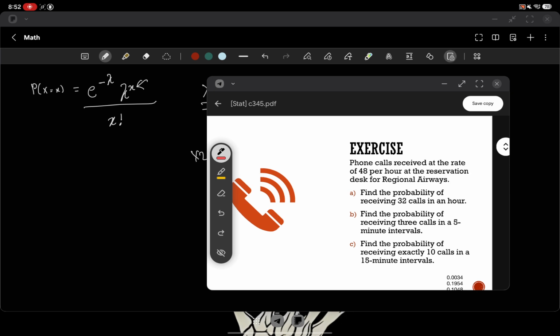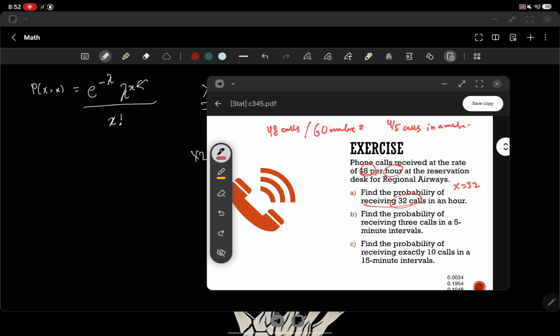This question is a bit tricky. 48 per hour, so we get 48 calls in 60 minutes. So we know that 48 over 60 is 4 over 5 calls in a minute. Now find the probability of receiving 32 calls. So our x is 32.